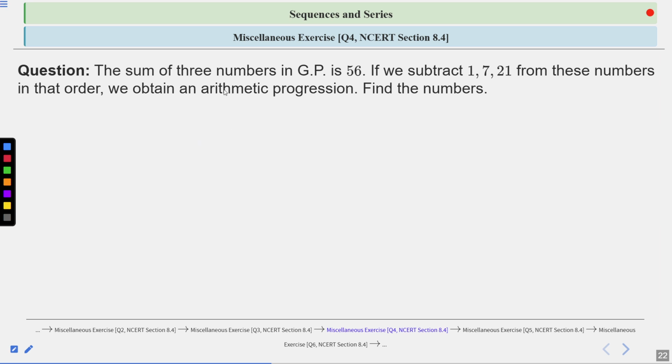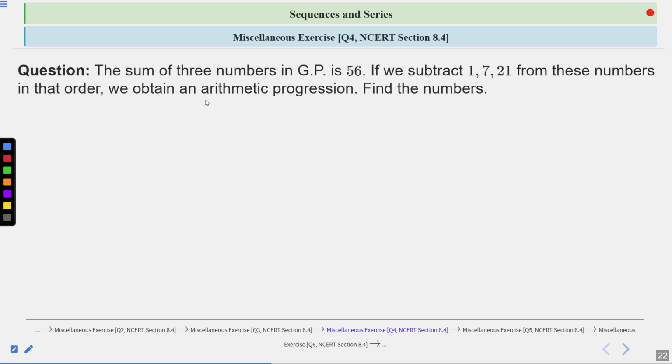Now question number 4. The sum of three numbers in geometric progression is 56. So you take A, B, C as three numbers in geometric progression. If we subtract 1, 7, 21 from these numbers in that order, we obtain an arithmetic progression.